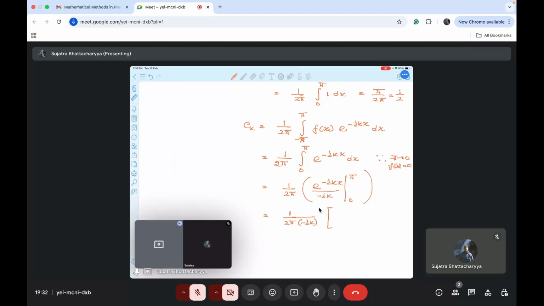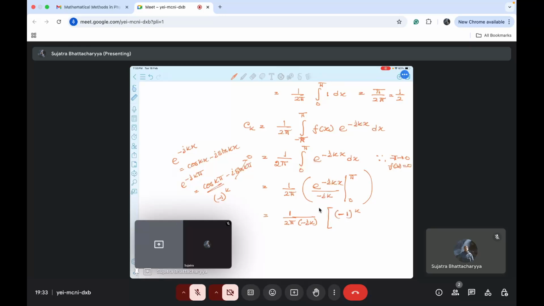I know that e to the power minus iota kx can be written as cos of kx minus iota sin kx. Now, if you have e to the power minus iota k times pi, then it will be cos of k pi minus iota sin of k pi. The sine part will be 0, so cos k pi will remain. So it will be minus 1 to the power k, because cos of pi is minus 1.